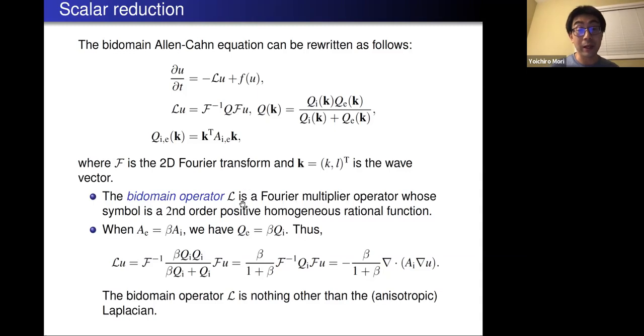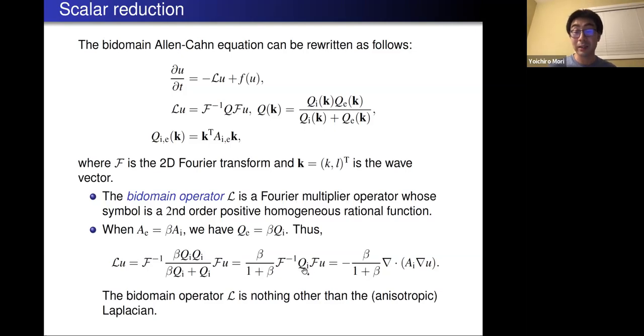This operator L we're going to call the bidomain operator. The bidomain operator is a Fourier multiplier operator, and its symbol is a second order positive homogeneous rational function: a fourth order homogeneous polynomial divided by a second order homogeneous polynomial. When A_E and A_I are proportional to each other through a constant beta, you can do a very simple calculation to see that the operator L just becomes a second order elliptic operator.